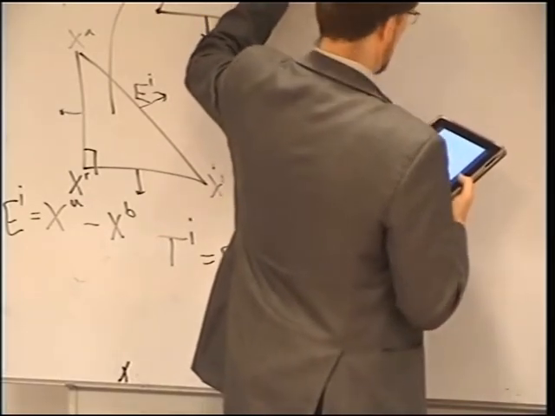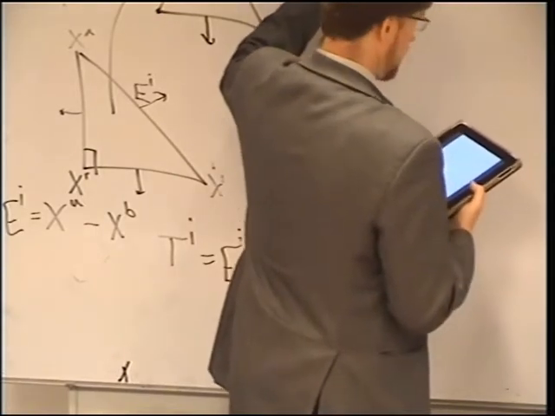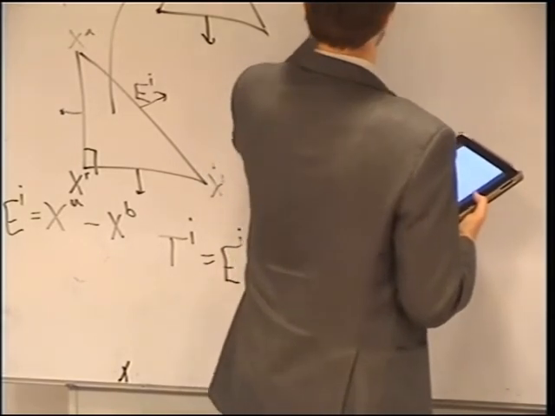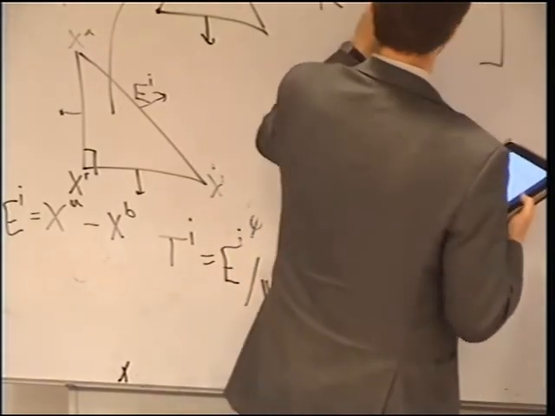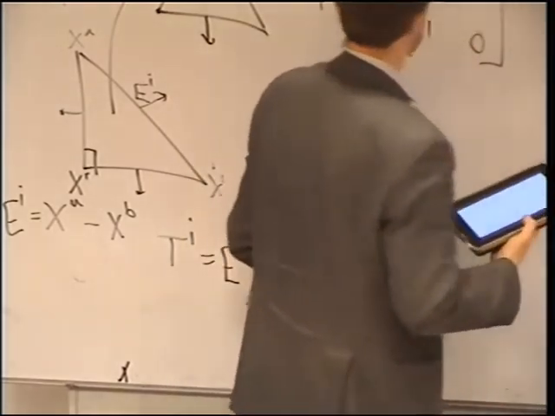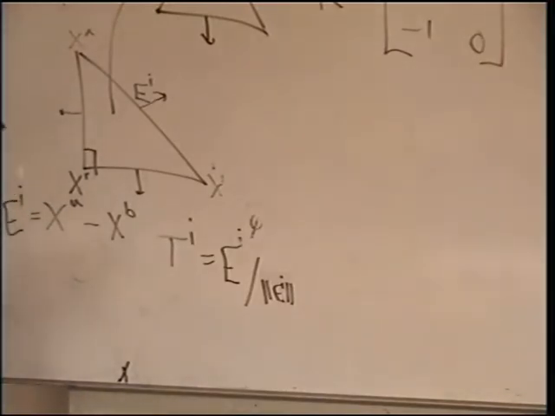So the normal is going to be equal to a rotation matrix times T_i. And the rotation matrix is very, very simple. That was easy, right? And that gets you the tangent ones.